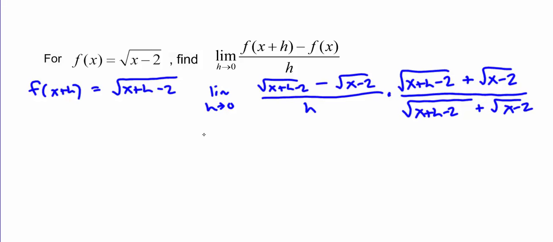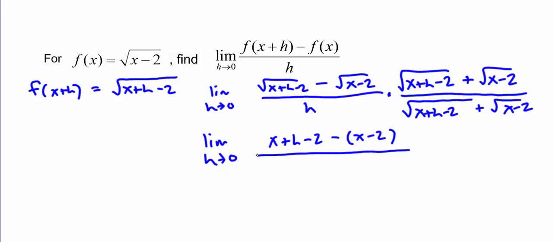All right, so our numerator, after we multiply these two things together, is just simply x plus h minus 2 minus x minus 2. Difference of perfect squares situation. We set it up. The denominator, it's ugly, but I'm going to leave it factored. Don't try to combine these things. There's no reason to do that. It's just going to make your life really difficult.